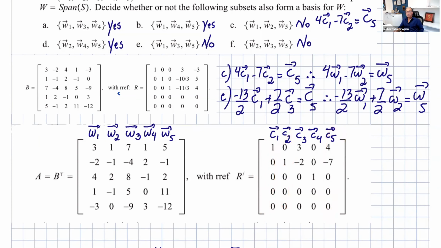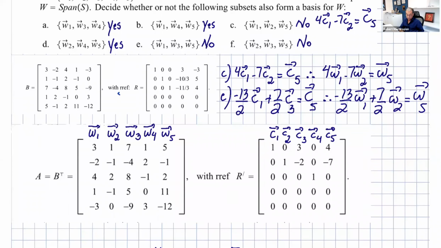So they are not independent, and if they're not independent, then they cannot form a basis. So the answer is no. Therefore, the same thing works with the original matrix: 4W1 minus 7W2 will give you W5. Please try that yourself, and that way you won't forget how it works.